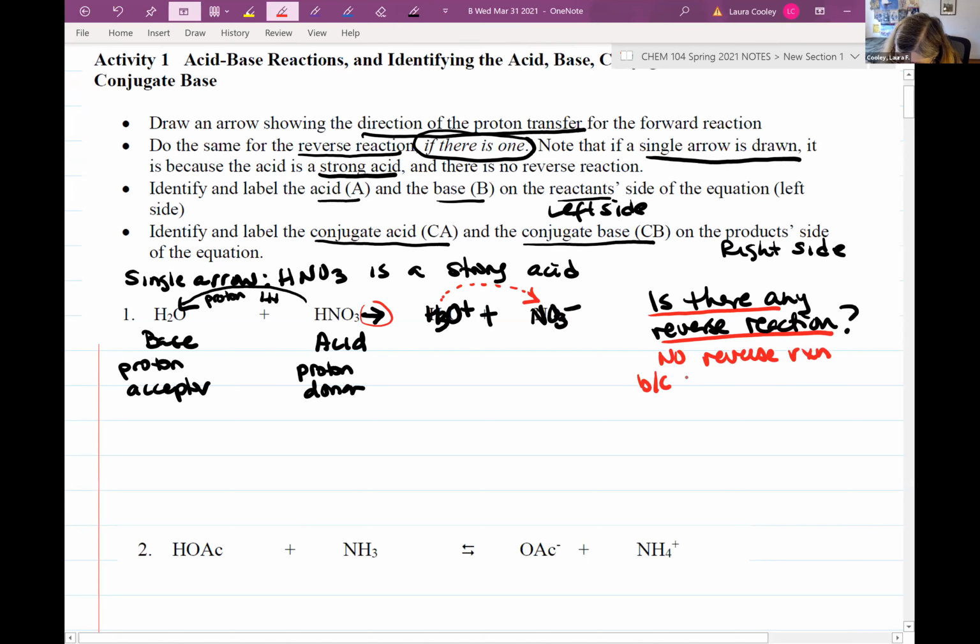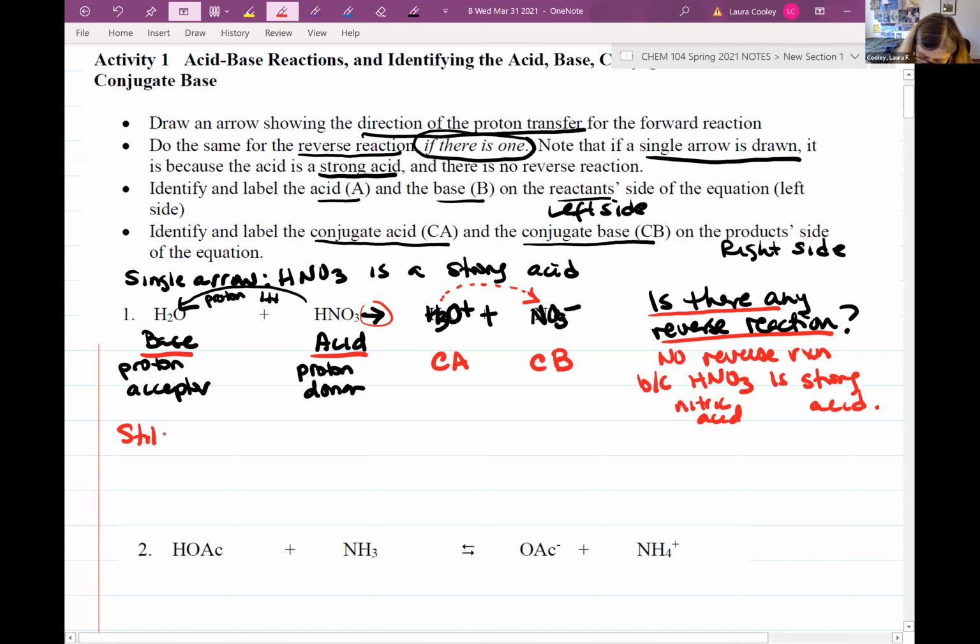And that's because nitric acid, HNO3, is a strong acid. So this is the base, this is the acid. Even though this reverse reaction does not happen, we still refer to nitrate as the conjugate base of HNO3.